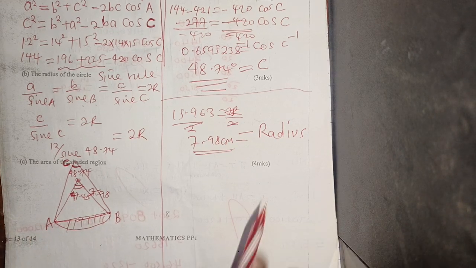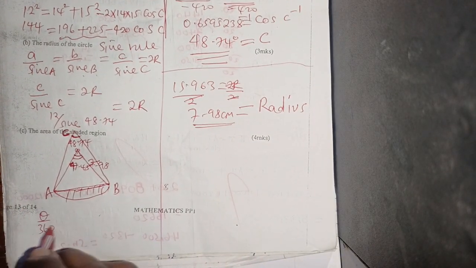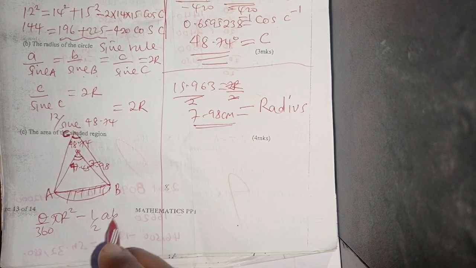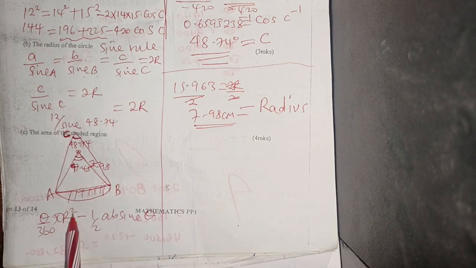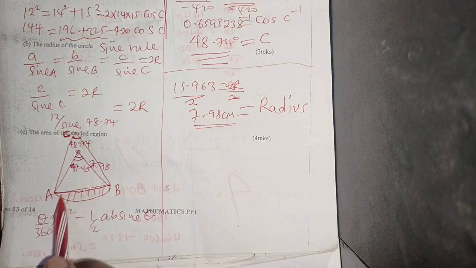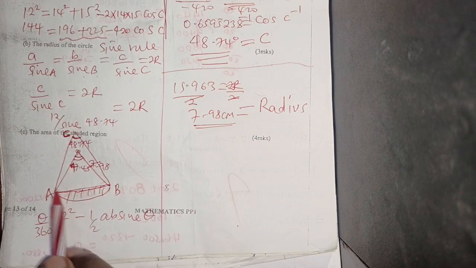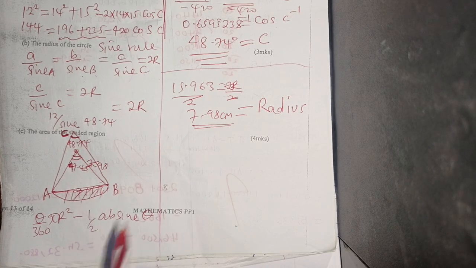So we will have theta over 360 pi r squared less a half AB sine theta. That means theta over 360 pi r squared is the area of the whole sector, then a half AB sine theta is the area of the triangle. Whatever remains is the area of the shaded region, the area of the segment.